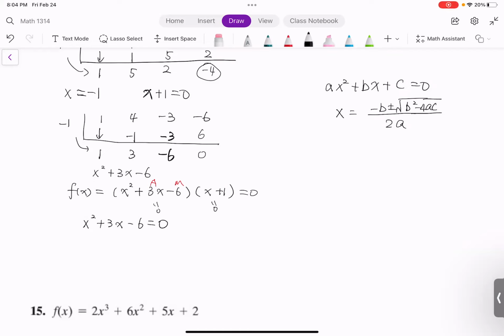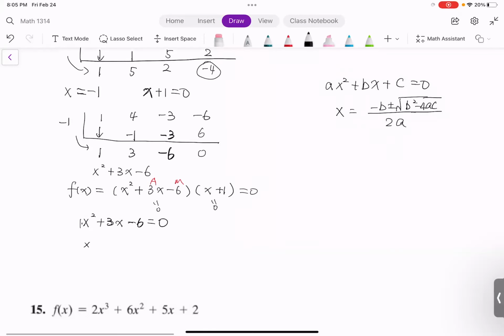Okay, let's see. A is 1, B is 3, C is -6. I can use quadratic formula. So the quadratic formula is x equals -b is -3 plus or minus square root of b squared, so 3 squared, minus 4 times 1 times -6, all over 2a, 2 times 1.